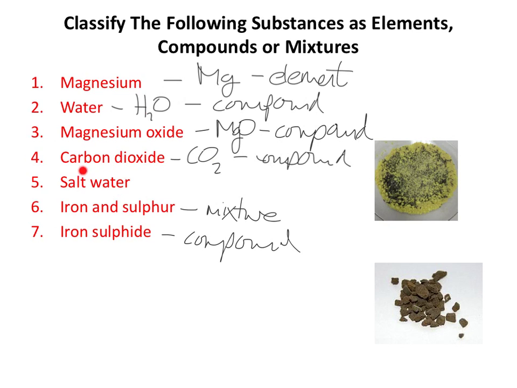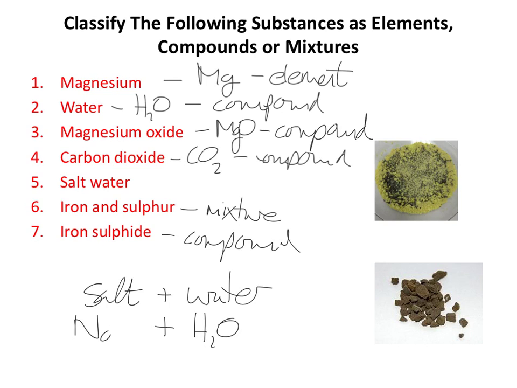And I left salt water till last. Now, salt water is made up of salt and water. Unsurprisingly, the salt has dissolved in the water. So water is a compound, H2O. And you may know that salt is a compound called sodium chloride. It's a symbol NaCl.